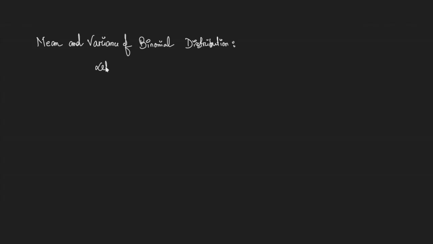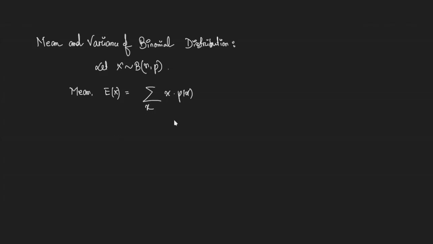Let X be the random variable which follows a binomial distribution with parameters n and p. First we need to find the mean. The mean is nothing but the expectation of X, and the formula for E(X) is the sum of x times p(x).